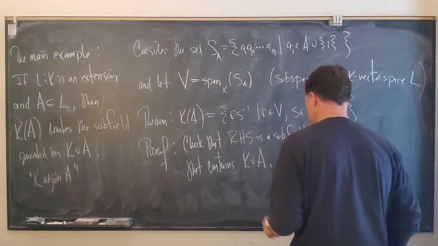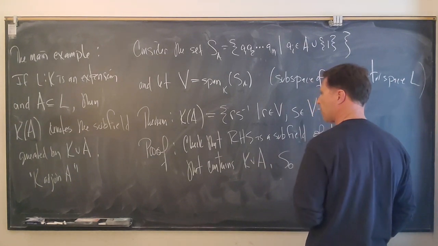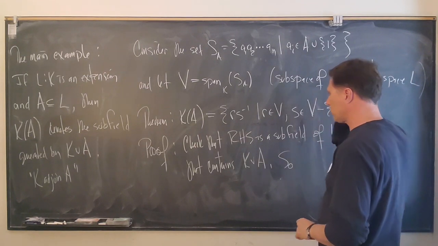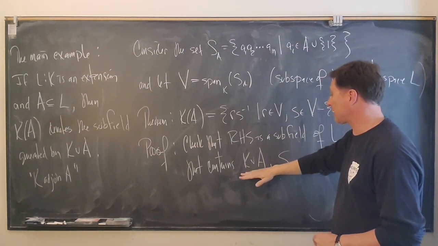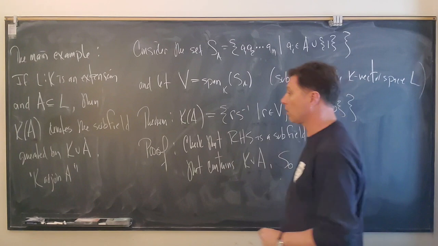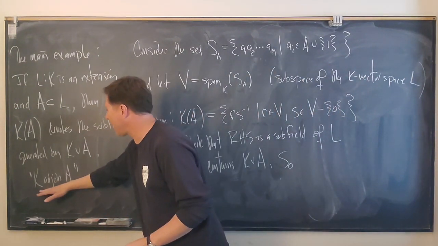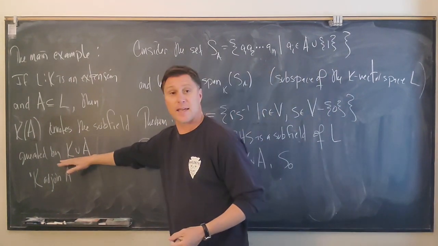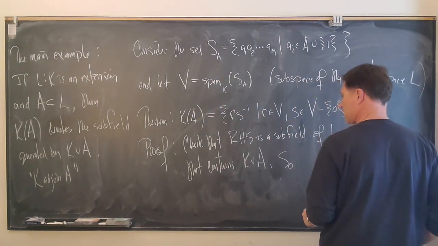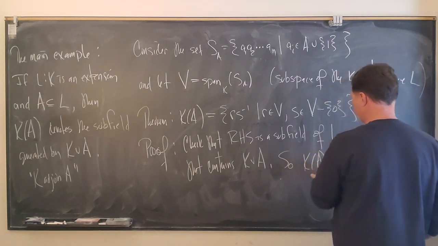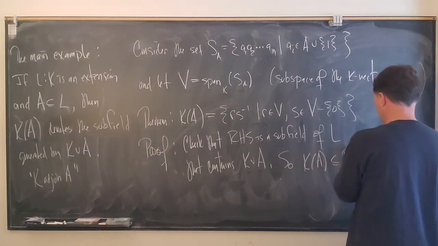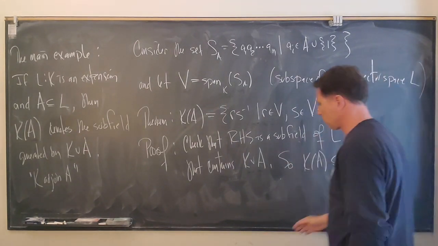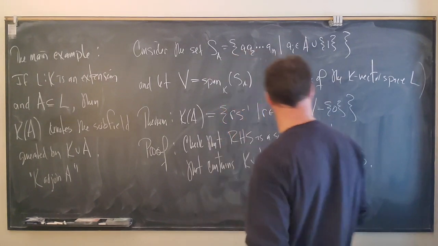And so what that tells us is we have a subfield that contains K union A, and K adjoin A is the smallest subfield that contains K union A. So that tells us that K adjoin A is contained in the right-hand side. So that gives us one of the inclusions.